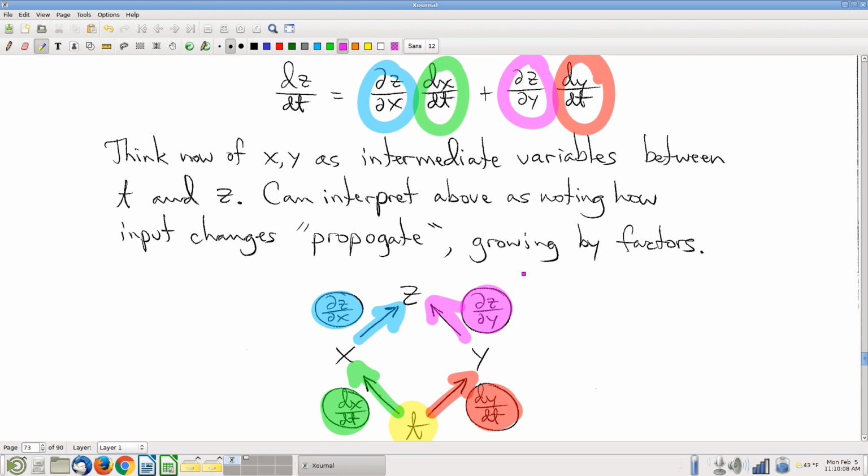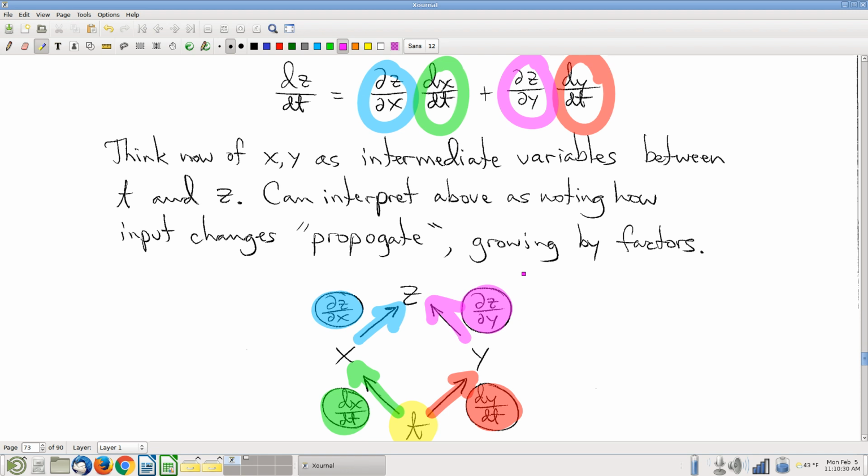So what we have here are two different paths by which changes propagate. When you change t, there's going to be a propagation of changes along this path. That gives you that term. There is also going to be a propagation of other changes along a different path. Both of these paths contribute to the total change in z.